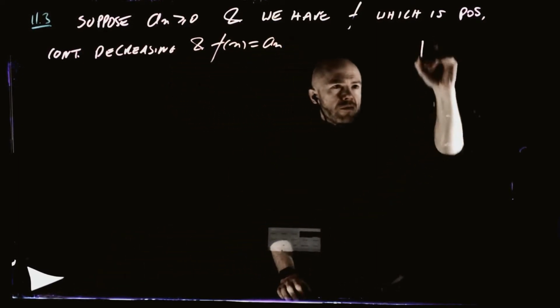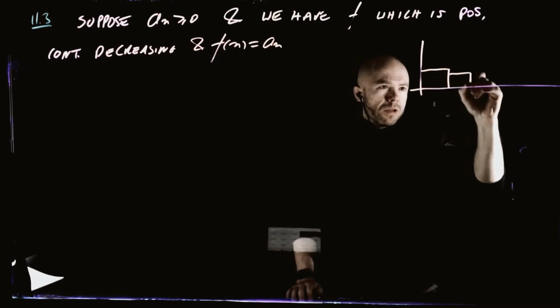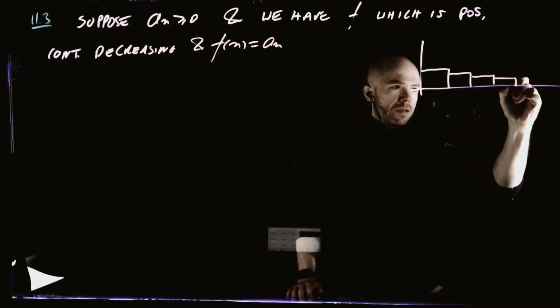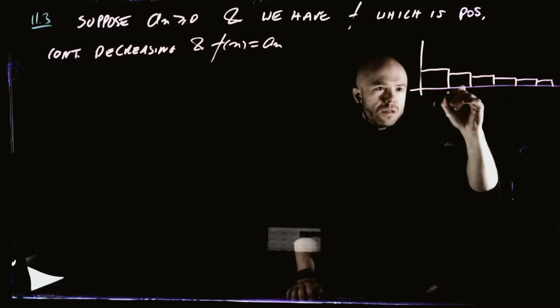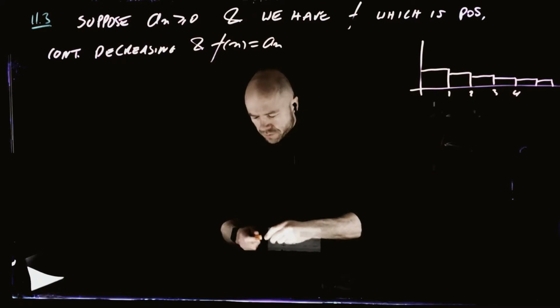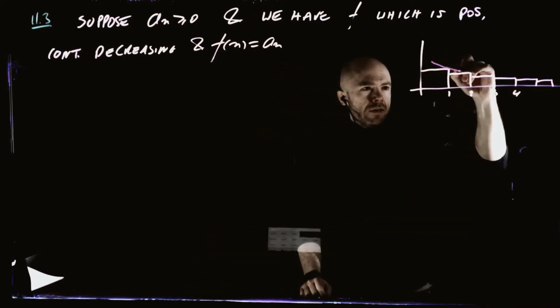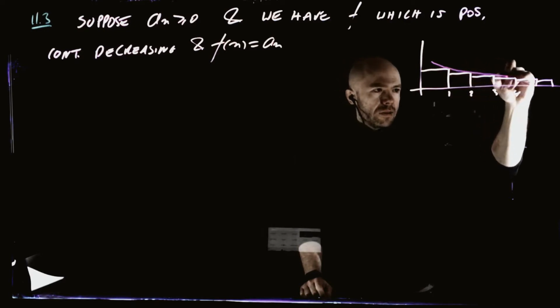Let's draw the picture to represent this information. So we have these positive terms, so drawing them as blocks like this. There's 1, 2, 3, 4, and so on. And if we have f(n) equals a_n, then that function exactly looks like this, right?